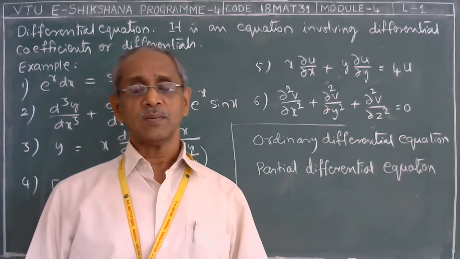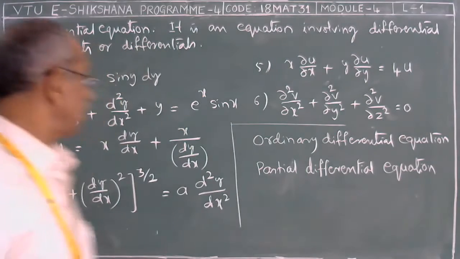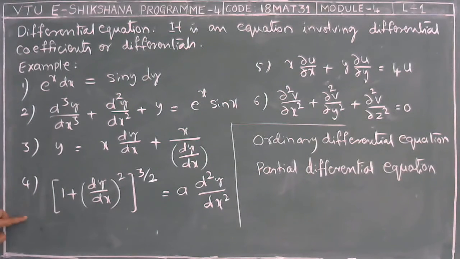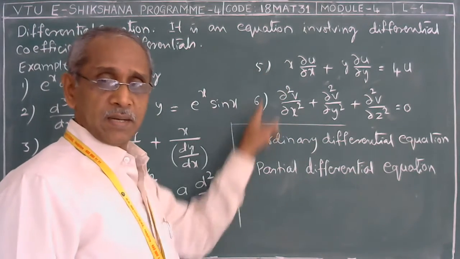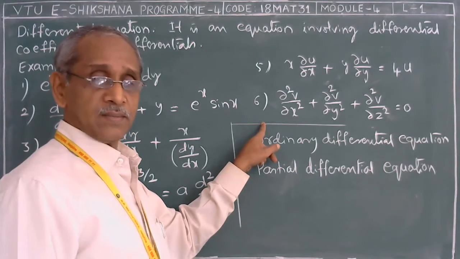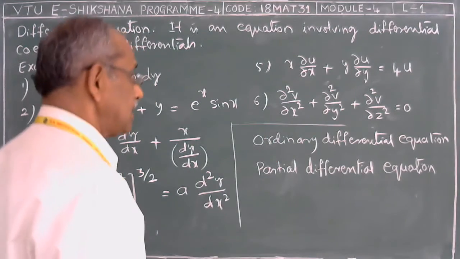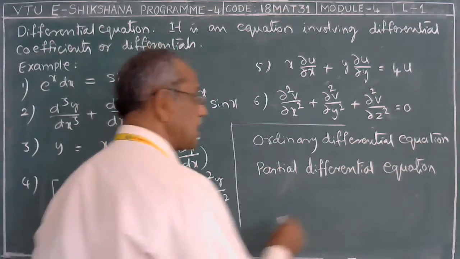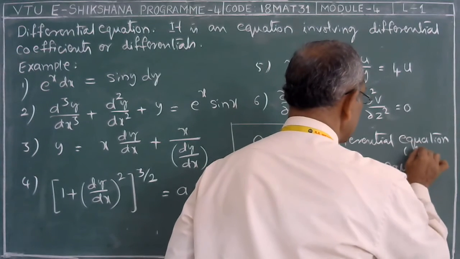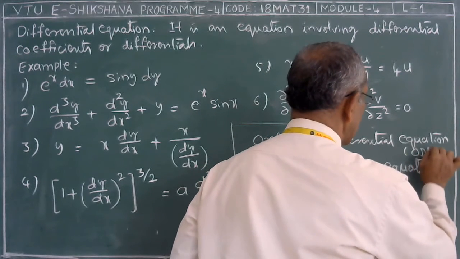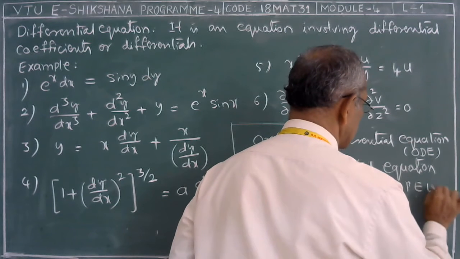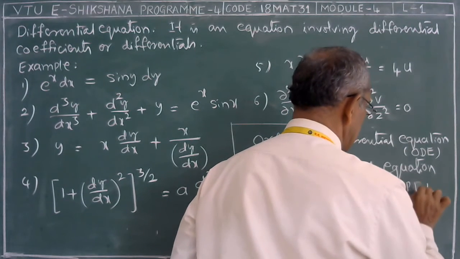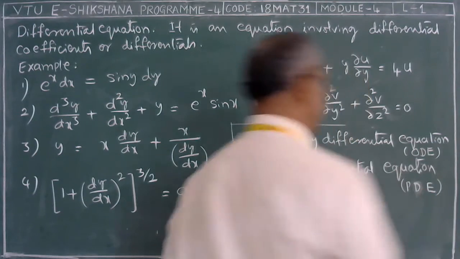So, for example, 1 to 4 are ordinary differential equations, 5 and 6 are partial differential equations. Ordinary differential equation can be called in short ODE, and partial differential equation can be written as PDE.